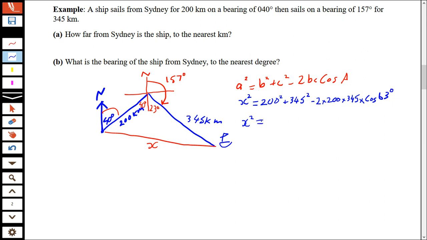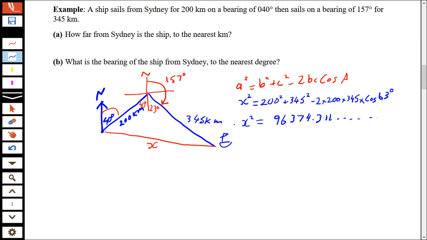All right, that's going to give you, let's have a look. So 200 squared plus 345 squared minus 2 times 200 times 345 times cosine 63 close bracket equals. Okay, so that's going to give you 96374.311, and it keeps going.